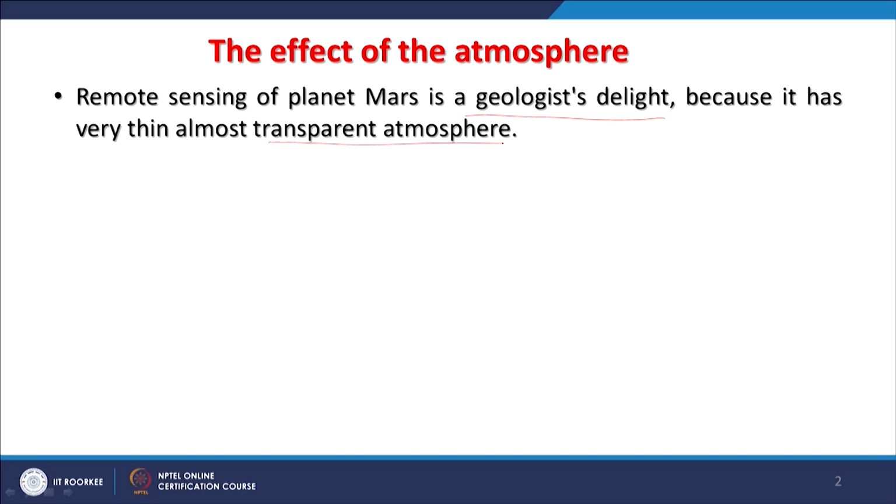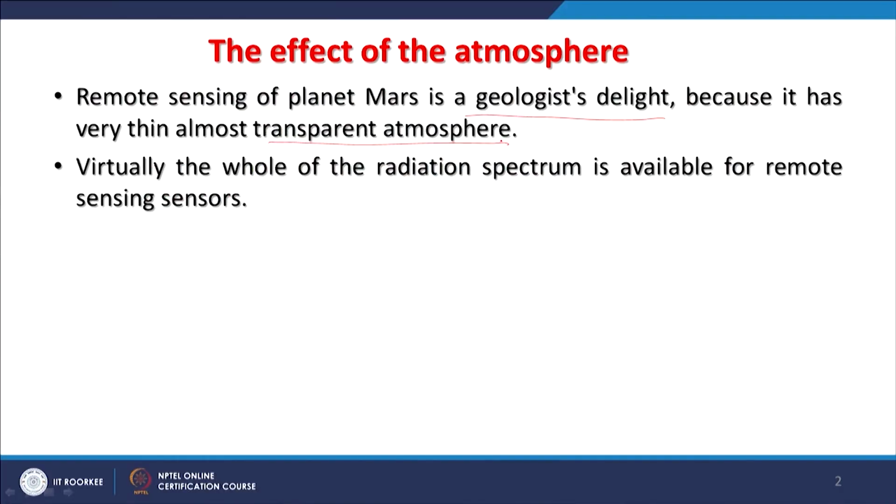Because there are no clouds and the atmosphere is very thin, we get an almost transparent atmosphere and very clean satellite images. From morning to evening, through the reflection of sunlight, we get very good images, but this is not true in the case of earth. The whole radiation spectrum of remote sensing is also available if there is no atmosphere or a very thin atmosphere.